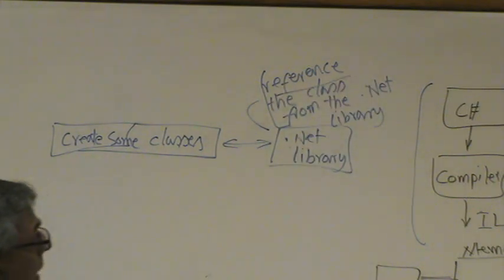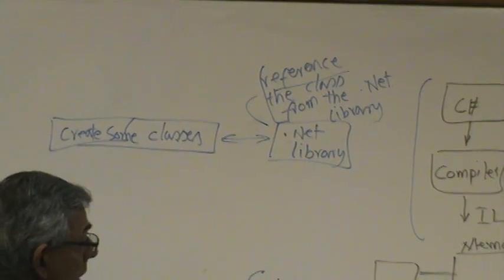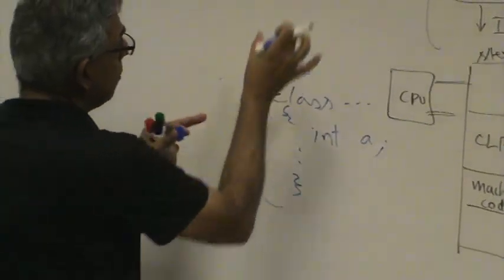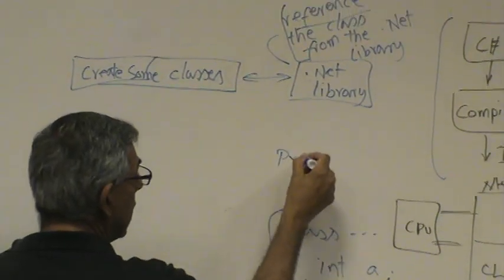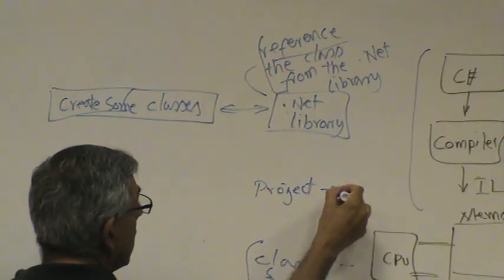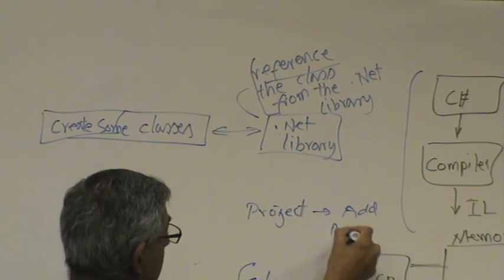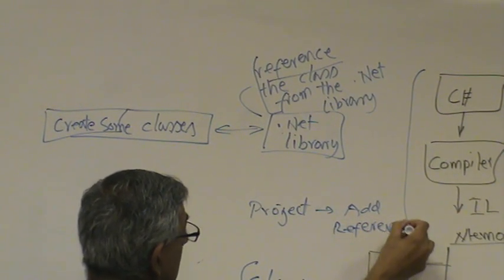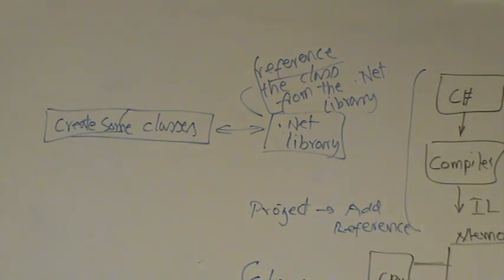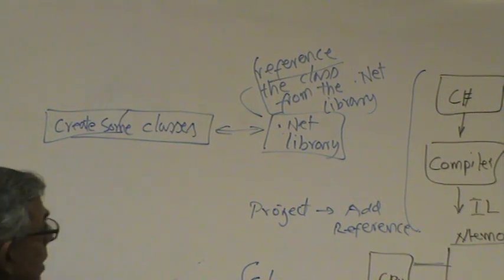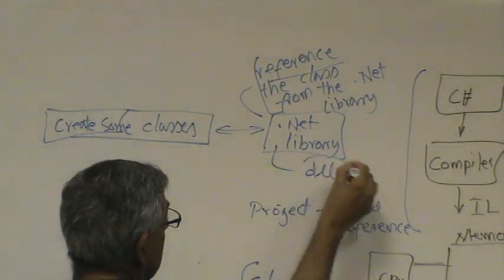Okay, so for example, if you are using Visual Studio, you created some class, and now you wanted one more class from this library. So you will go to the project, you'll right-click on it, and you will say Add Reference. And then you will pick whatever library you are interested in. It will already be pre-compiled. So these are often referred to as DLLs.